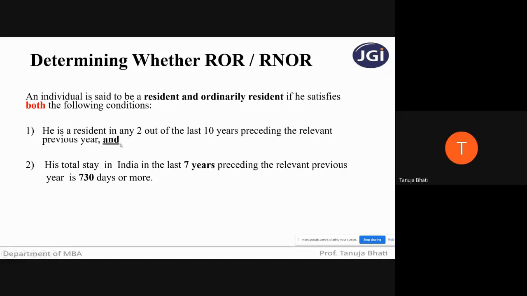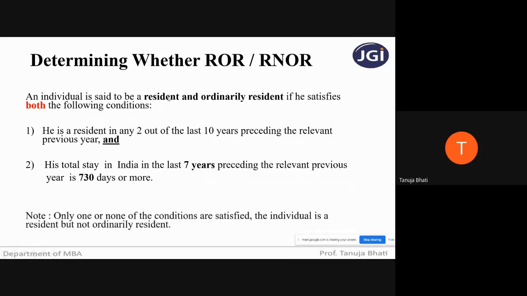Once again, the first condition is that his stay in India is for at least 2 years out of the last 10 years preceding the relevant previous year. I say "and" because only if both conditions are fulfilled will he get the status of resident and ordinarily resident.